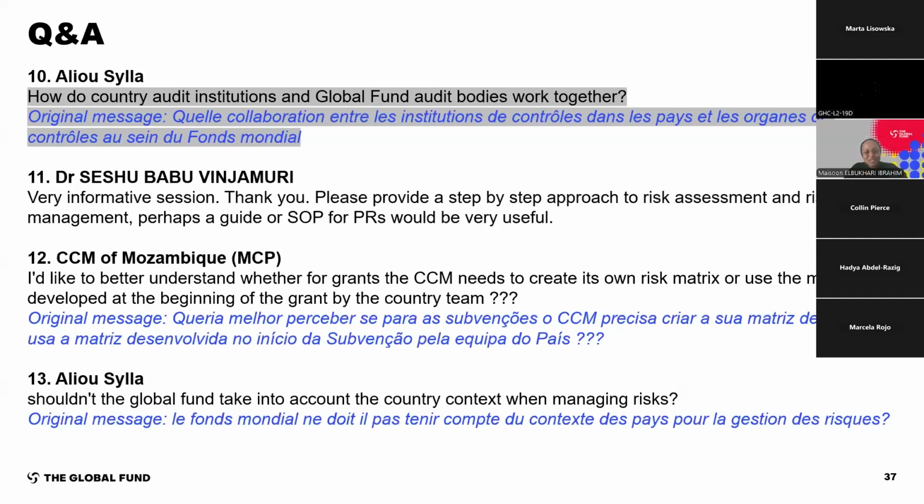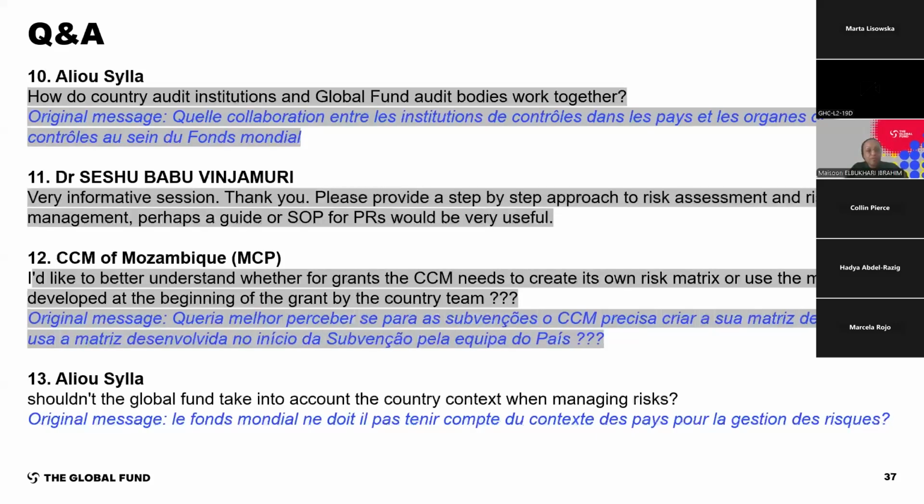So the discussion on the risk assessment and development of mitigation actions that happened at the start of the grant would inform the evolution of the risk management matrix. So it's not a must to have one tool, but if we, the partnership, the secretariat, the CCM, the principal recipient, have a common understanding and visibility on the prioritized risks and how we will mitigate those, that would be more useful to the grant.